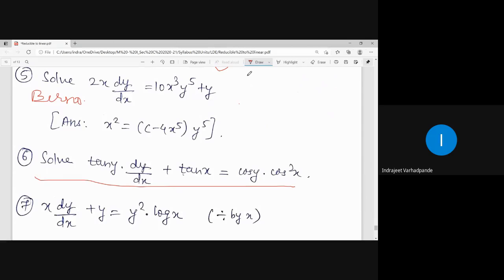So how can it be converted? Which form can it be? Form 1, sir. Form 1 means which form? Reducible to linear form number 1.